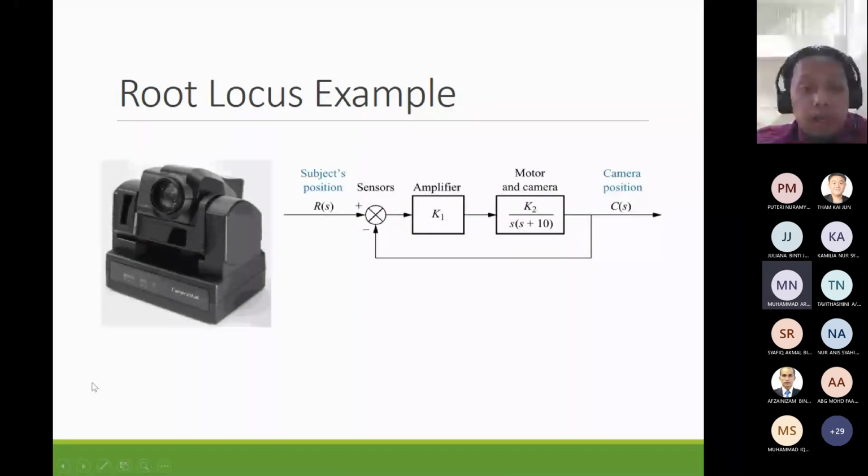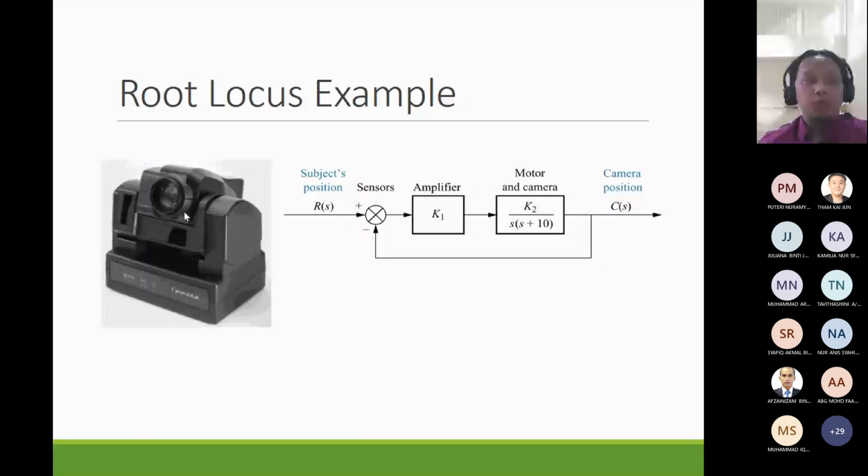In this example, we have a motion detector camera, which is usually put on the ceiling. Let's say you want to measure the movement of a person. When the person is moving, this camera will capture the motion of the person.